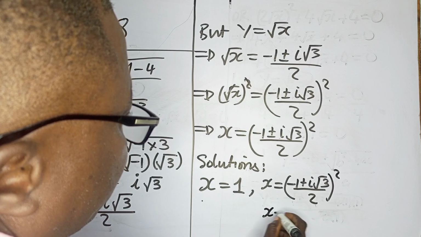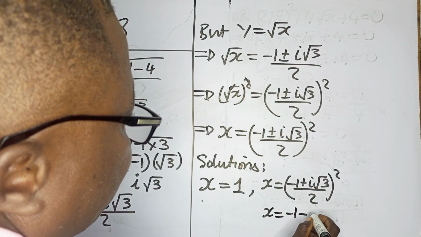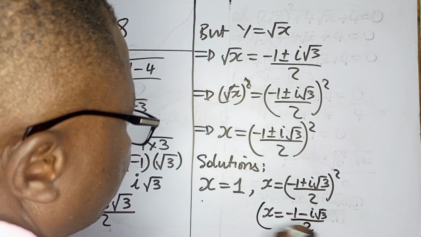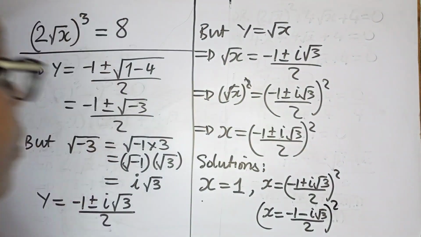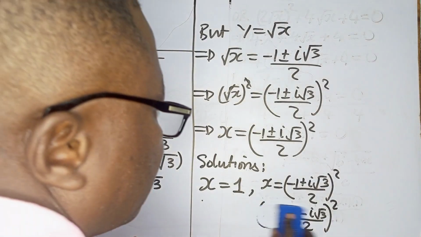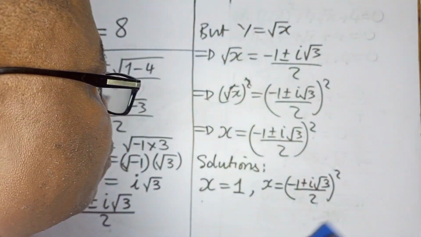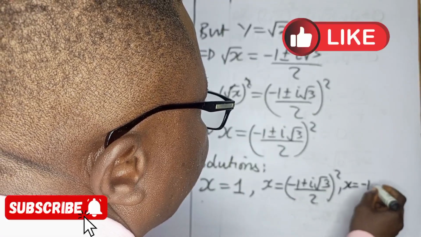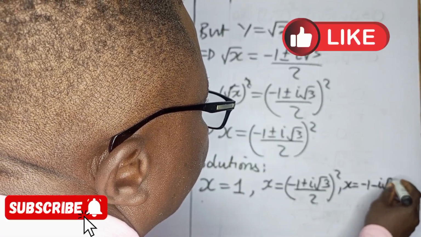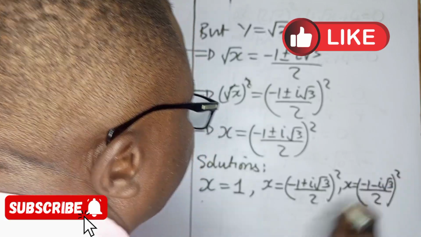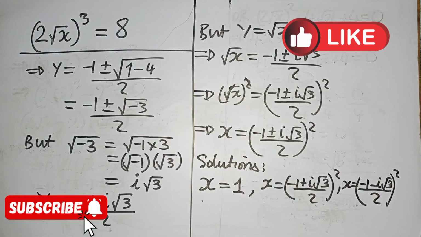And the last solution is x equals minus 1 minus i root 3 all over 2, squared. Maybe this one is not visible very well. Our last solution is x equals minus 1 minus i root 3 all over 2, all of this squared. 1, 2, 3 solutions.